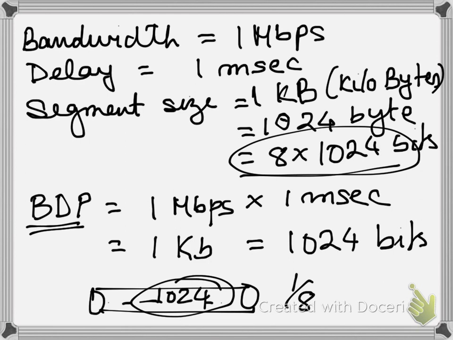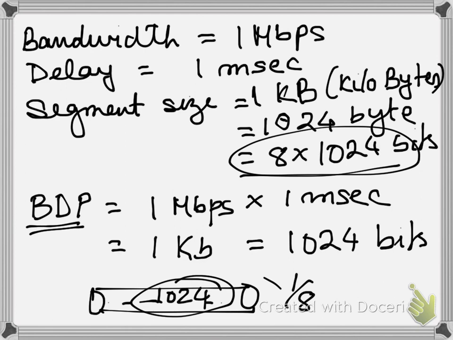So here the sliding window protocols would not be a good fit. Instead, I can use stop and wait. So the bandwidth delay product is telling me that here if I choose stop and wait, then this is the best option I can select instead of using sliding window.